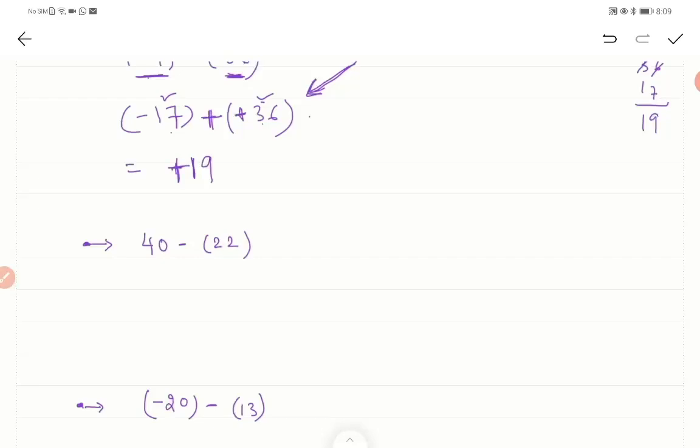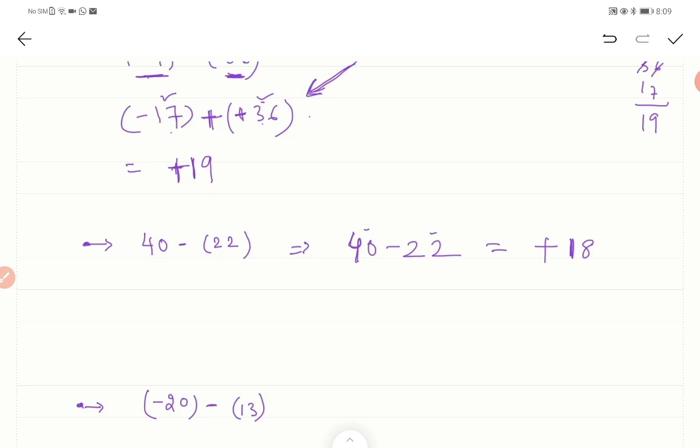Okay, let's do this problem. I have 40 minus 22. I can write this directly as 40 minus 22. So just do the subtraction of 40 and 22. How much will I get? It is 18, and it is positive, because 40 is the bigger number than 22.